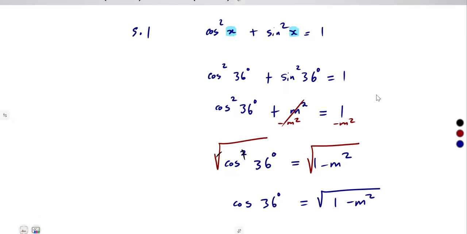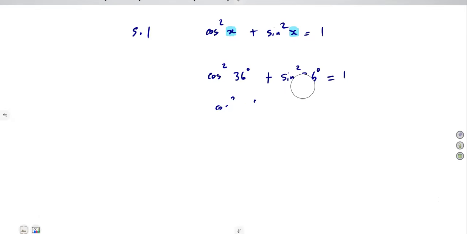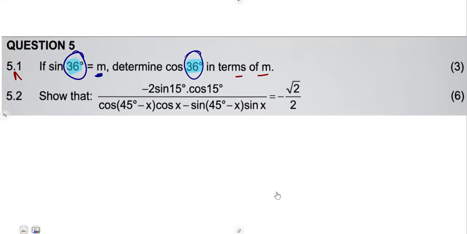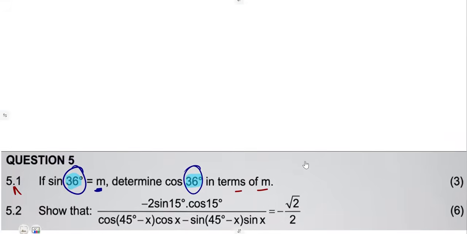So we can attempt this one in a direct way as we understand our Pythagorean identity. Or some of you are used to the application of the quadrants, where we have the angle 36, an acute angle, which we find in the first quadrant.